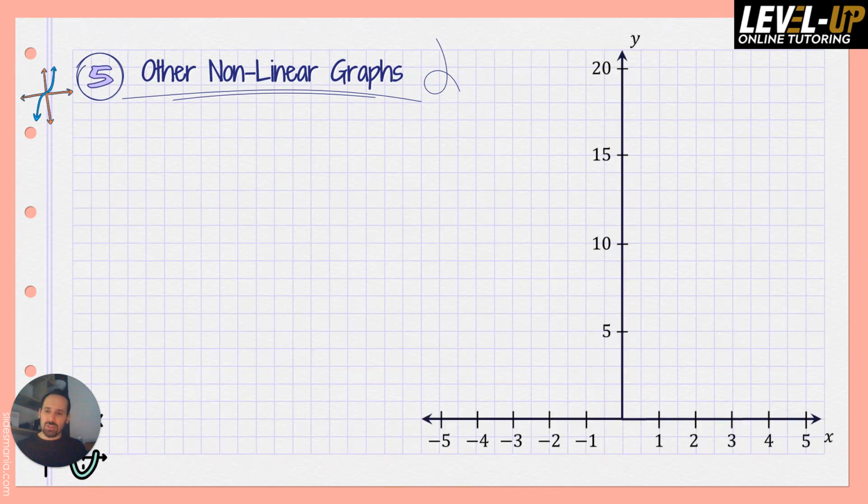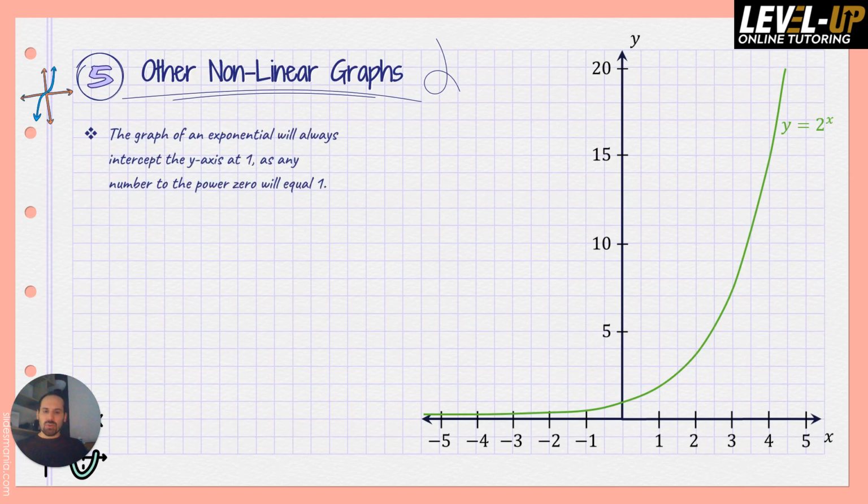Another one is an exponential graph. Of these more obscure graphs that you encounter less often, this one seems to be the one that comes up most often, if that makes sense. So you might have something like y equals 2 to the power x. This is when x is the exponent, it's exponentiating, however we want to phrase it.